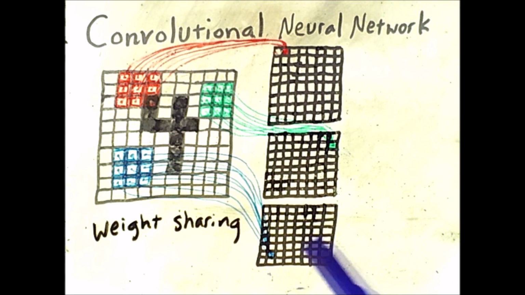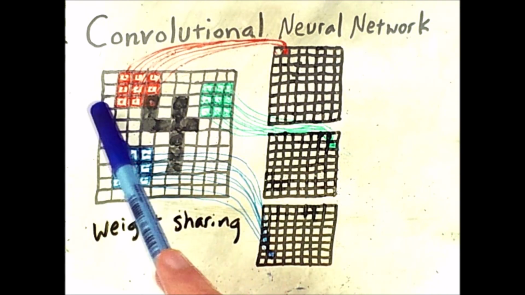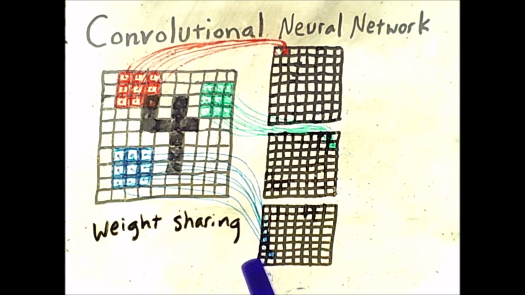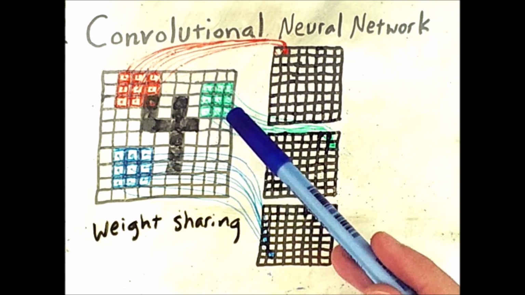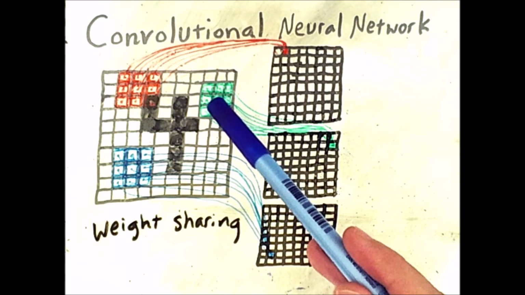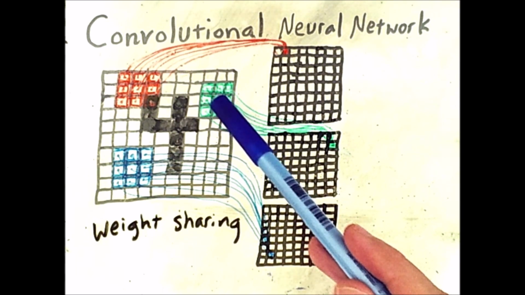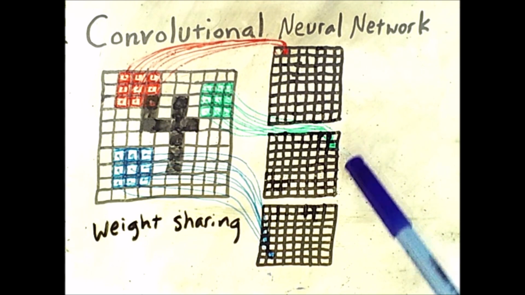So just remember that each of these filters actually covers the entire input space. But just as an example, if we had a 3x3 local receptive field here, the particular neuron in the hidden layer that it would go to is this one, which is on the far right and one down.